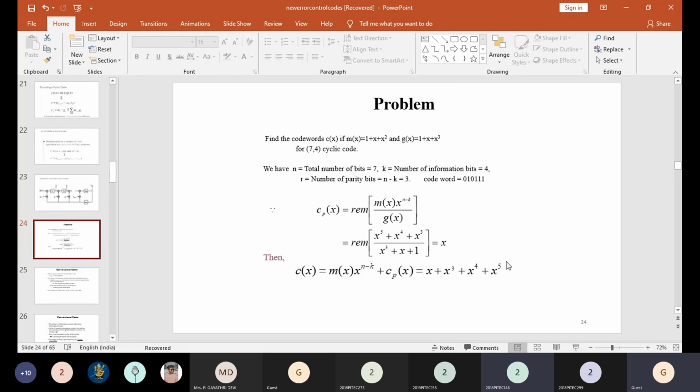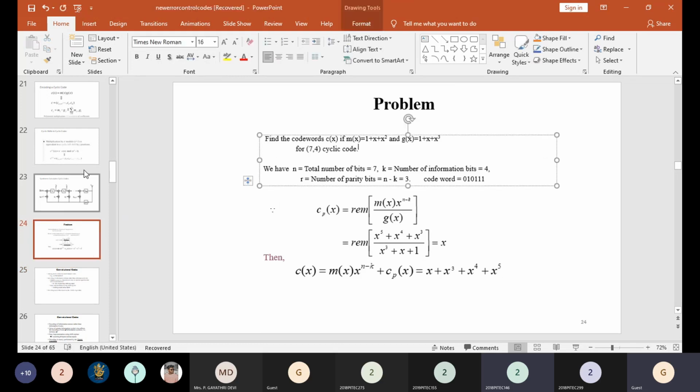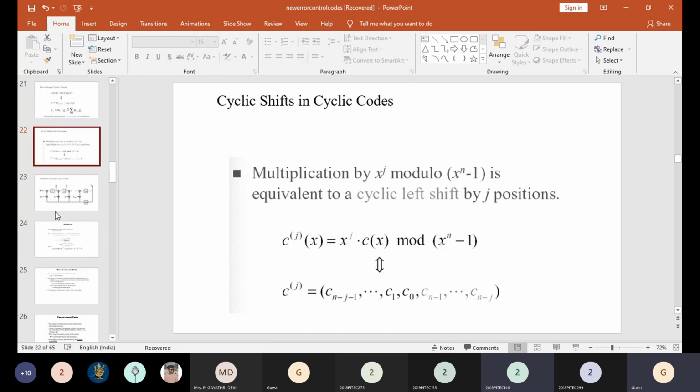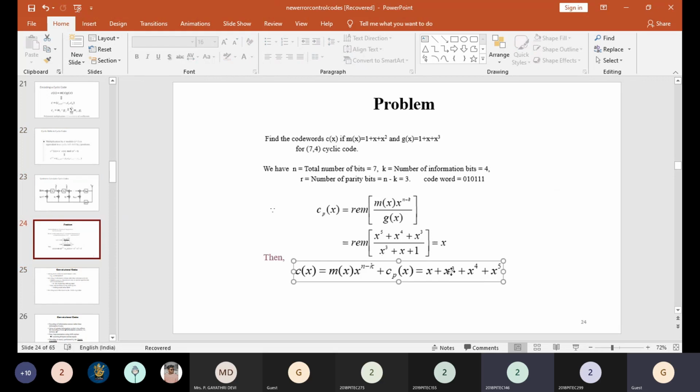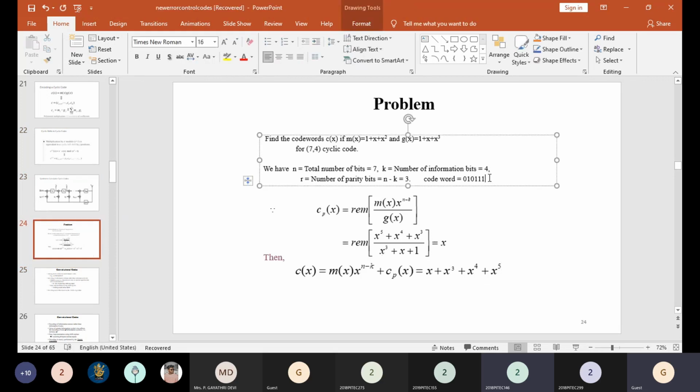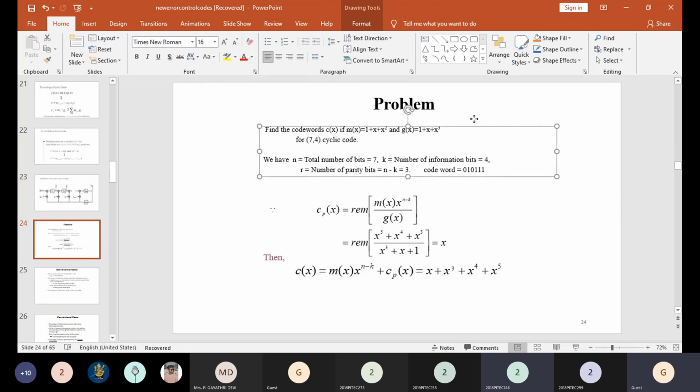The important thing about cyclic codes is that they mainly follow the linearity property, which you need to be aware of.